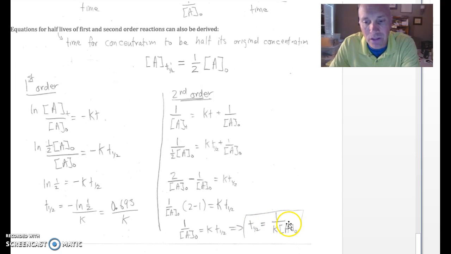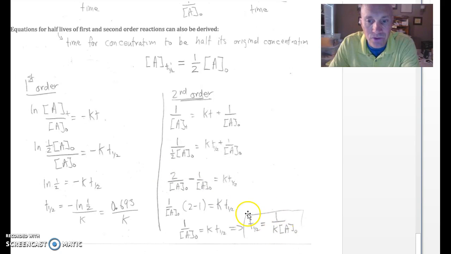The important thing to remember is that for a second order equation, your original concentration actually affects what the half-life would be. Remember, for a first order equation, it takes the same amount of time for the concentration to get cut in half, no matter what the original concentration is.